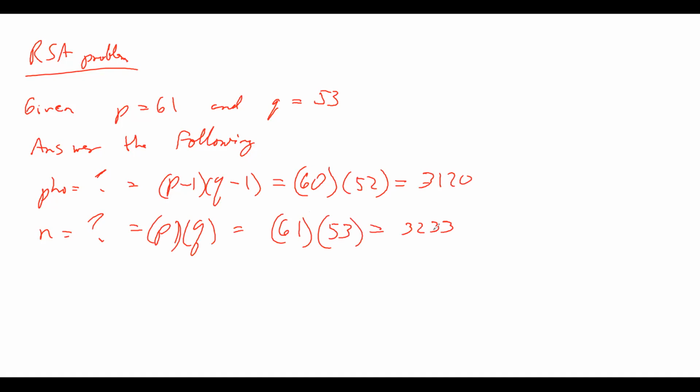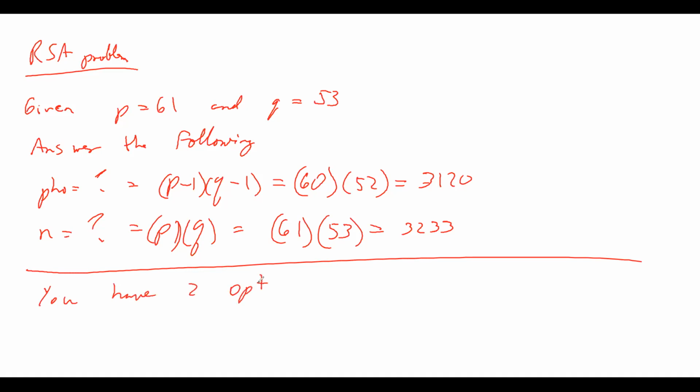Then I might say, given e, you have two options. These are just simple ways that I might ask the questions for your understanding. So you have two options for e, 17 or 4,000.